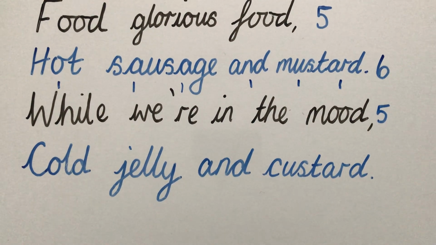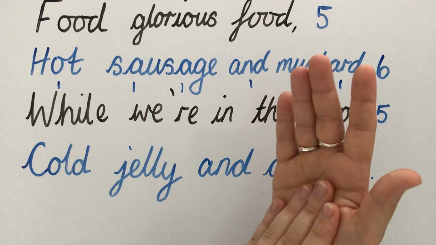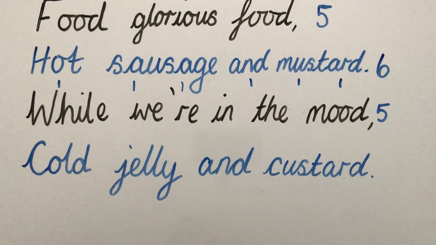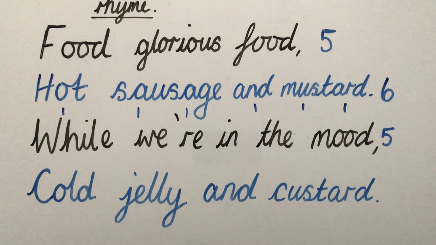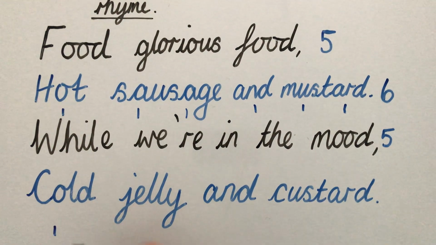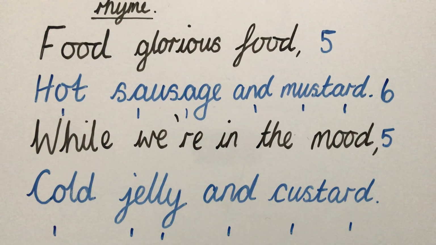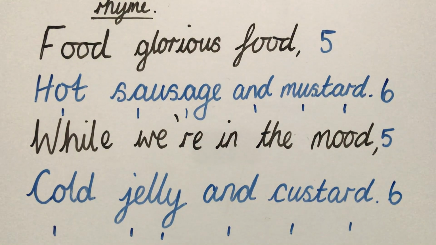And our last line, cold, jelly and custard. Imagine you're speaking a little bit like a robot, okay? That helps with breaking up the words into their syllables. Cold, jelly and custard. How many have we got? 1, 2, 3, 4, 5, 6. Lovely. So we've worked out how many syllables we've got in each line.